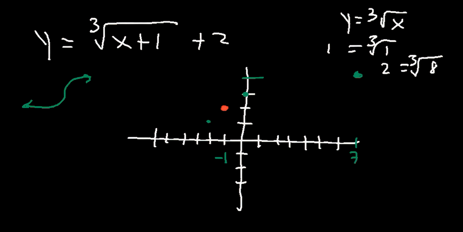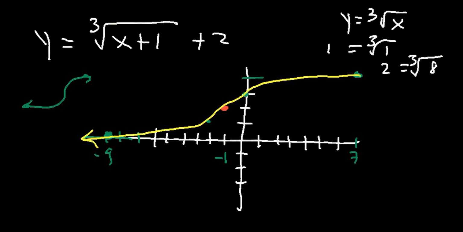And as we go 8 to the left, it's going to take us to -9. So it's going to go down 2, so it's going to be over here somewhere. And so now we can just plot it. So it looks something like that. So that's how you can graph cube root functions.